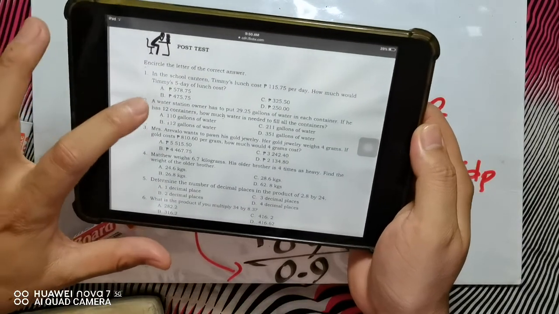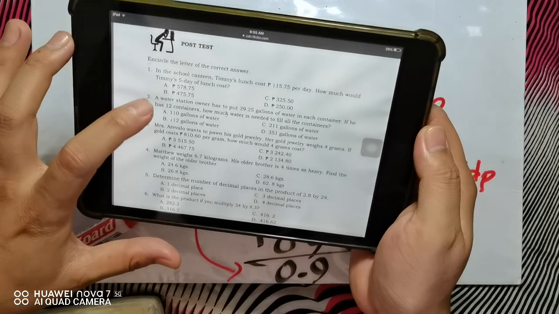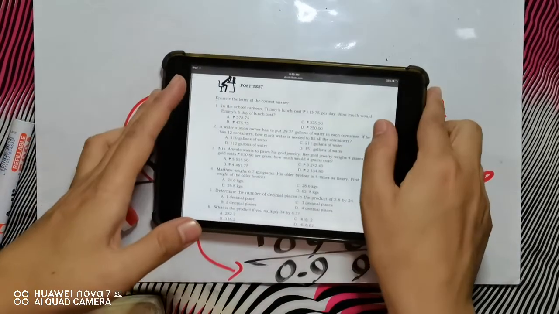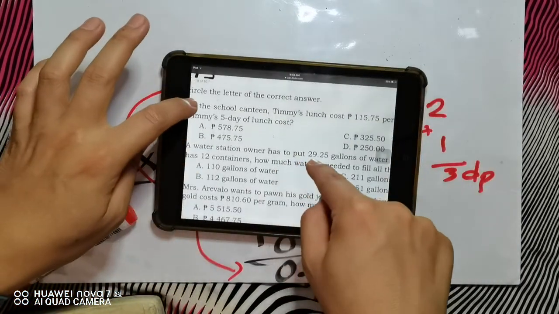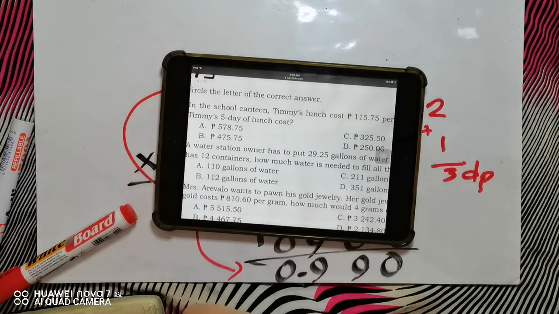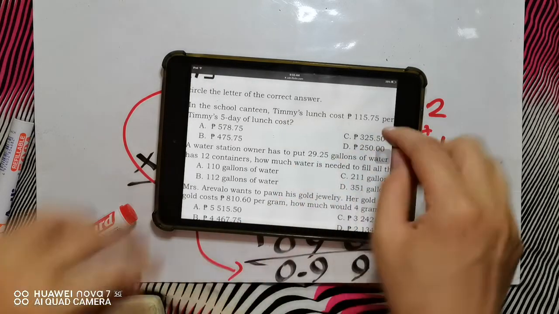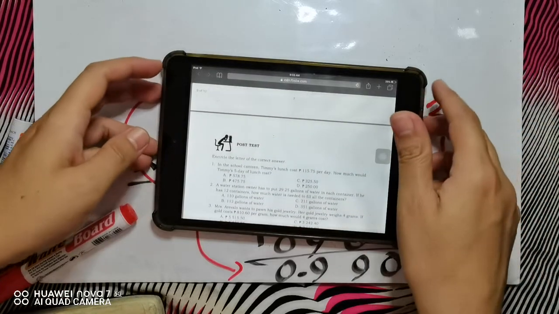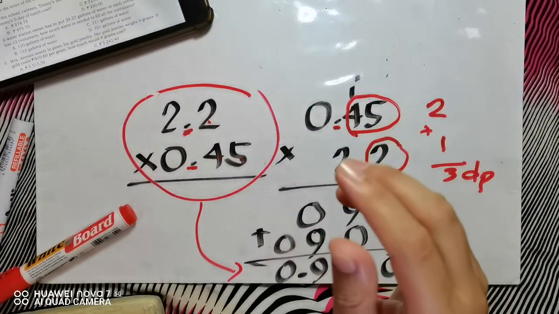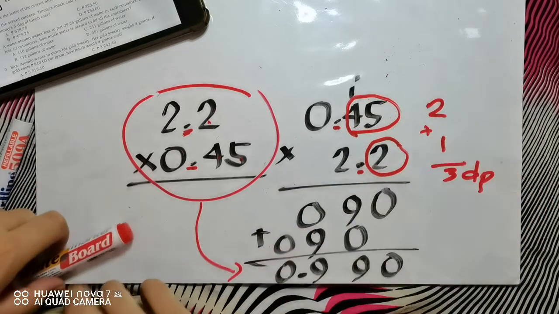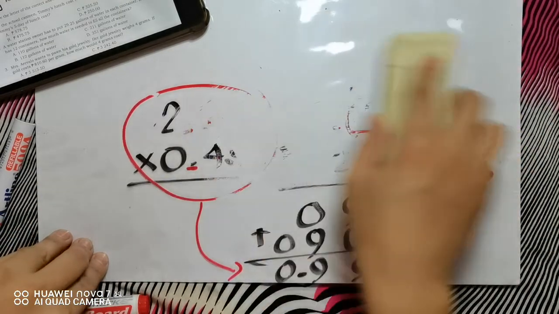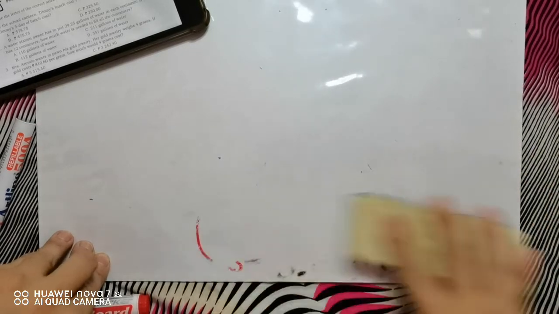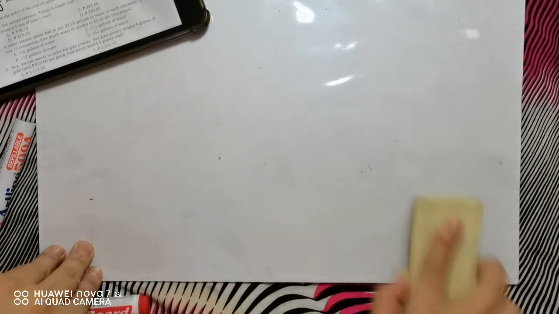Kung letter A, isulat kung ano ang kasama ng letter A. Kung letter B ang sagot, isulat kung ano yung kasama ng letter B. So, again, copy the problem, and then yung answer. Okay? So, yun lang. So, that's how we multiply numbers. I hope you learn. So, kung hindi ninyo naintindihan, you can always go back and start the video so that madali mong maiintindihan.